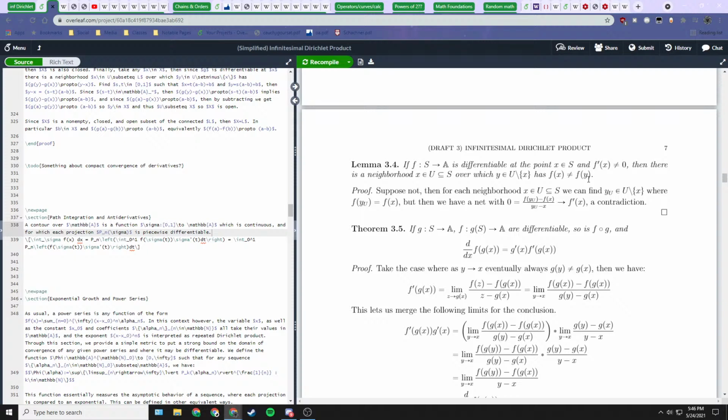It's not quite the same, but instead what we have is each individual point has a neighborhood where its image, its evaluation, is not equal to any other evaluation in that neighborhood.